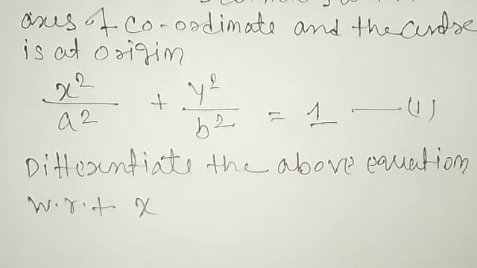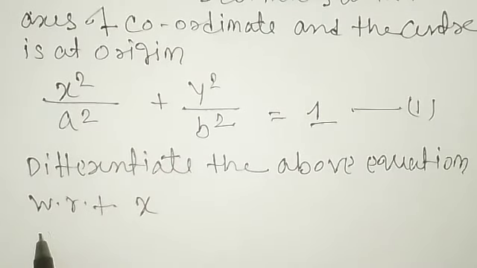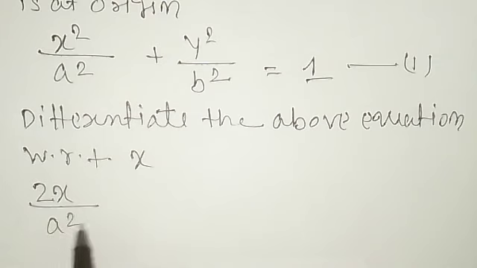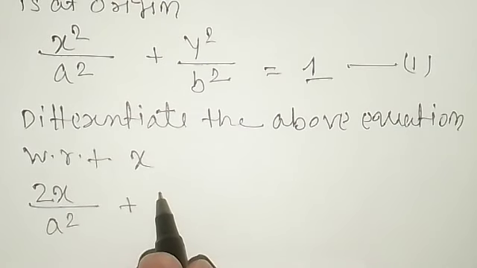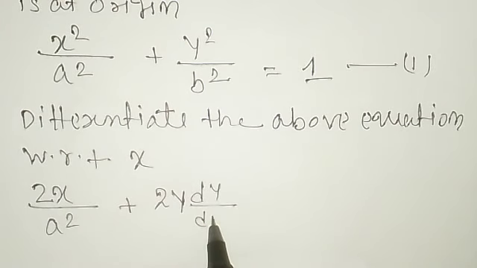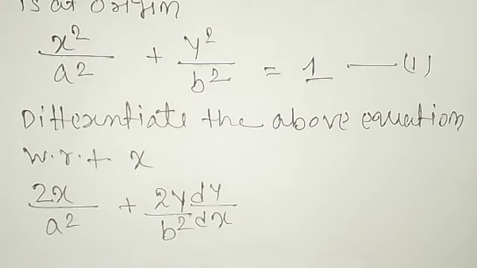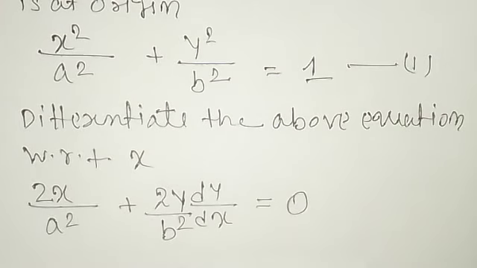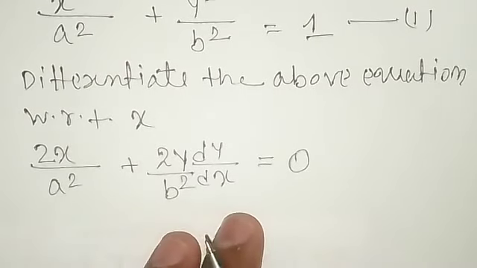We get that x square differentiation is 2x by a square plus y square differentiation with respect to x is 2y into dy by dx by b square, and 1 differentiation is 0 as it is a constant. So this is what we got.